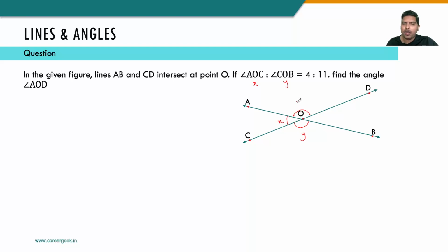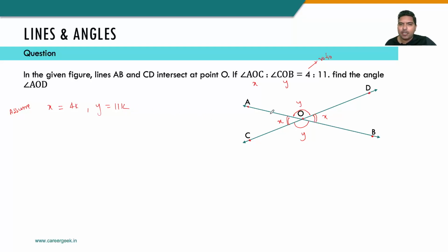So we know that AOD and COB are the same and these two are also the same. Now, whenever there's a ratio, don't forget, always assume the values. That is how I proceed. If x is to y is 4 is to 11, I would just take x is 4k and y is 11k.